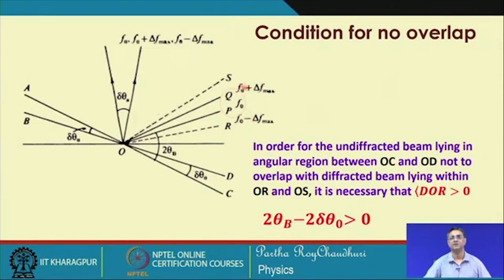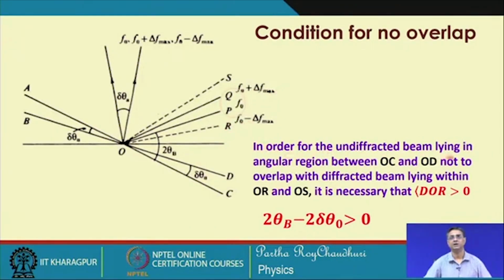One is f 0 plus delta f, another is f 0 minus delta f, which correspond to the diffracted beams S and R respectively. But otherwise, for only f 0, this frequency A and B will be diffracted along P and Q. This S and R are the diffracted beams as a consequence of f 0 plus delta f max and f 0 minus delta f max.